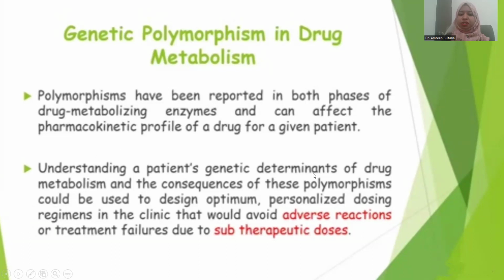Understanding a patient's genetic determinants of drug metabolism and the consequences of these polymorphisms could be used to design optimum personalized dosing regimens in the clinic that would avoid adverse reactions or treatment failures due to subtherapeutic doses. Sometimes it may also give adverse reactions. To avoid this, you need to understand the concept of genetic polymorphism clearly.